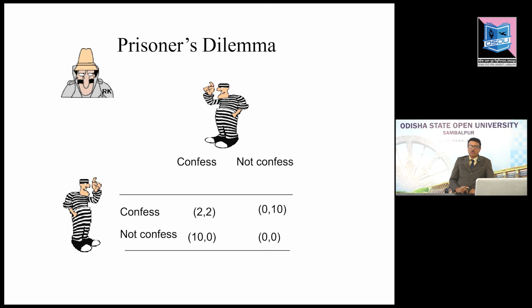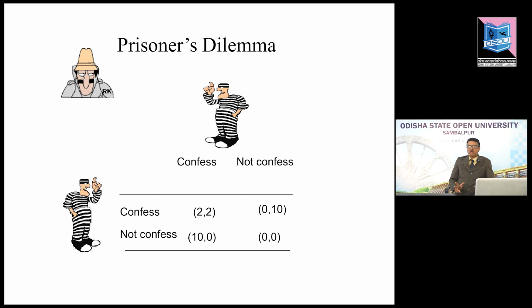Now coming to the first column and second row, suppose you are not confessing and your friend is confessing, then the person who is not confessing will get 10 years of imprisonment, and the person who is confessing, because he is supporting the police authority, will be let free.